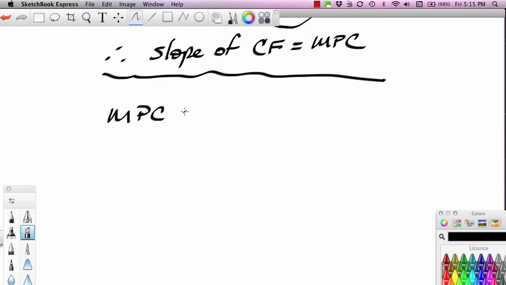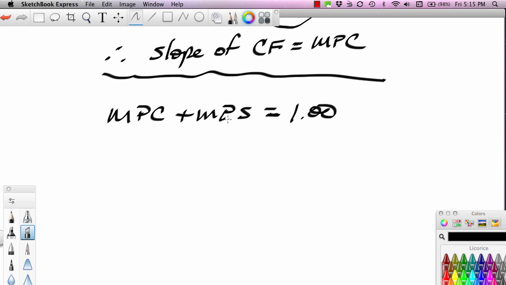MPC plus MPS must therefore equal 1. You go, what do you mean? Well, MPC is the marginal propensity to consume. It's the percentage of additional income that is spent. What is MPS? MPS must be the marginal propensity to save.